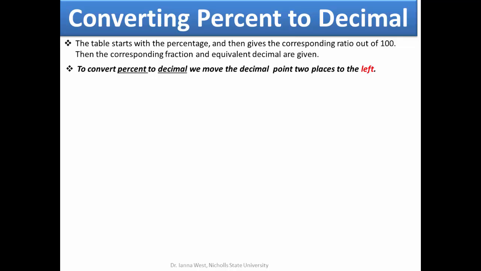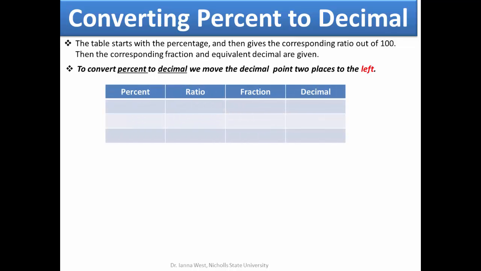To show the process of why we move the decimal point 2 places to the left, we will start with percent. In our first illustration, we will start with 9%. When we say 9%, that is like saying 9 out of 100.